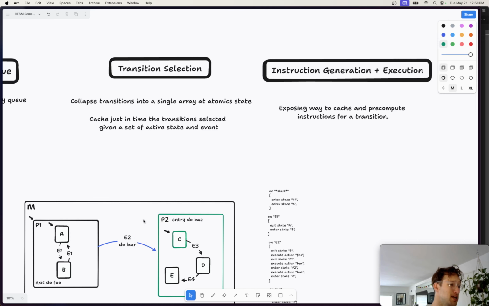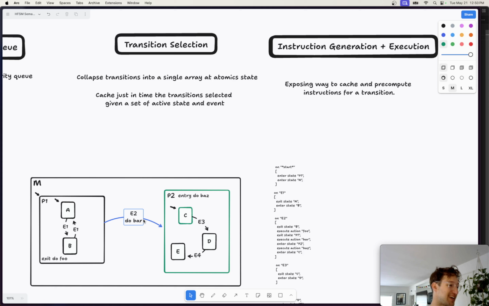What we can't do is cache a certain set of transitions, because in the worst case it can be infinitely long, or it could just be changing, because you can have conditions on any transition.